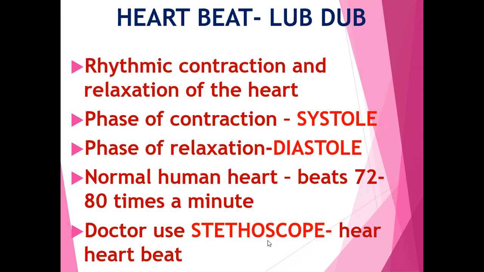It consists of two parts. What are they? Chest piece and earpiece. The chest piece is what the doctors keep on the patient's chest, and two earpieces which the doctor puts into his ears to hear the heartbeats, and the connecting tube which connects the earpiece and chest piece.